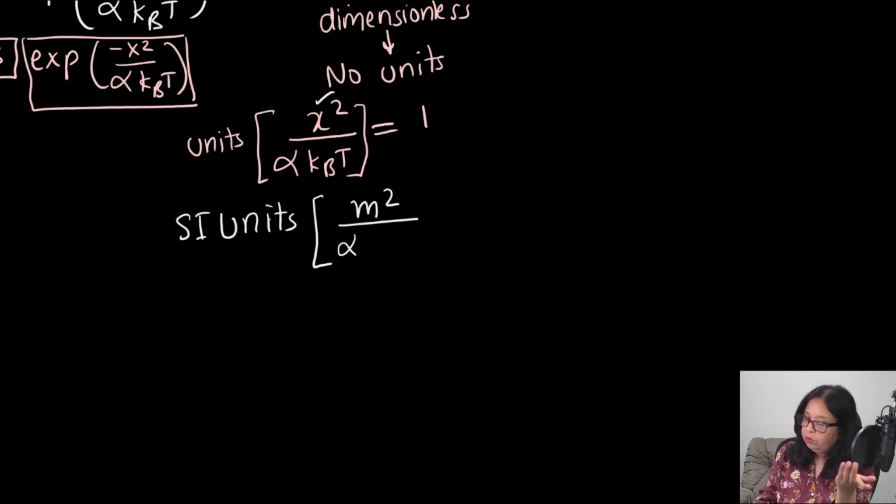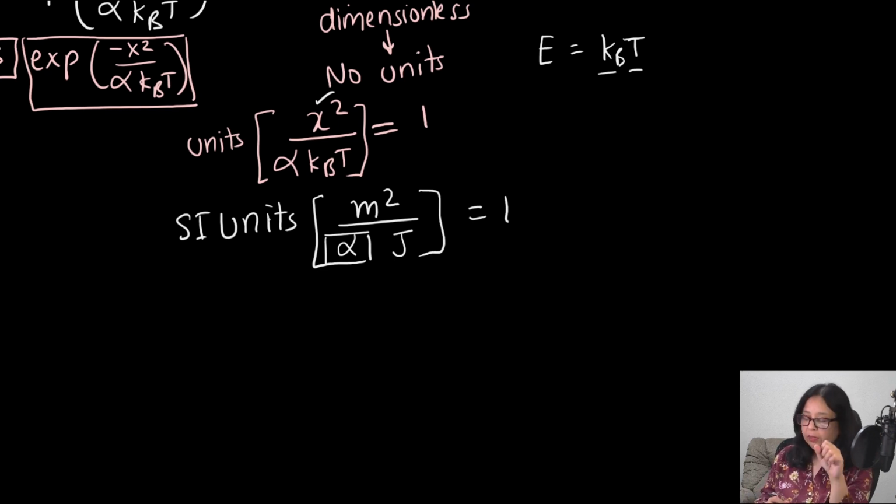The SI unit of alpha, I do not know, so I put it in a box. Now kBT, this is the average energy of a gas, so its SI unit is that of energy, which is joule. And this should be equal to 1.